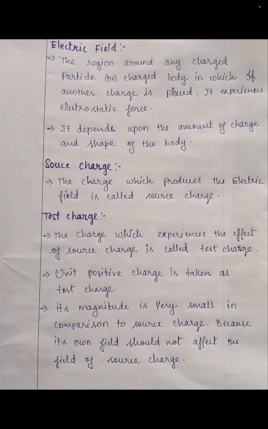So capital Q must remain at its original location, so we consider the test charge small q as a small unit positive charge, so that capital Q experiences a small and negligible force and remains in its original location. That's why the small q charge is considered as a unit positive charge. This is what the electric field is about.